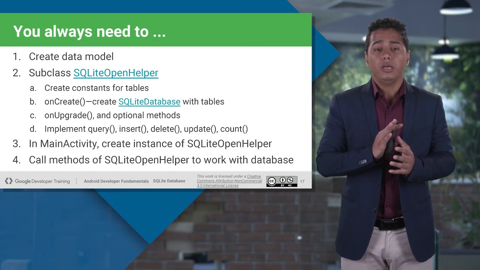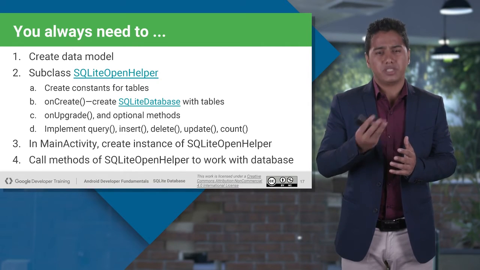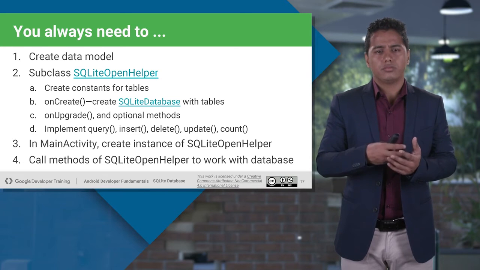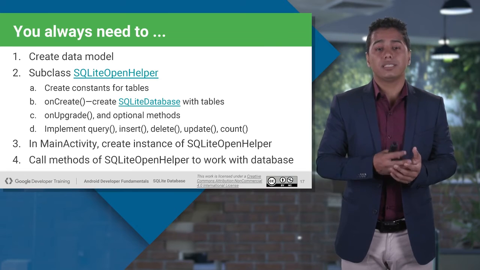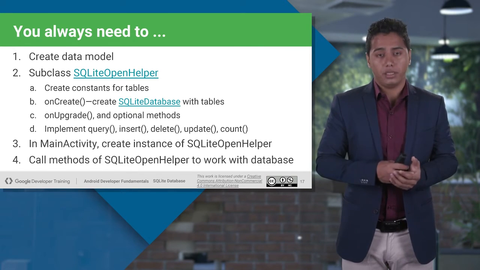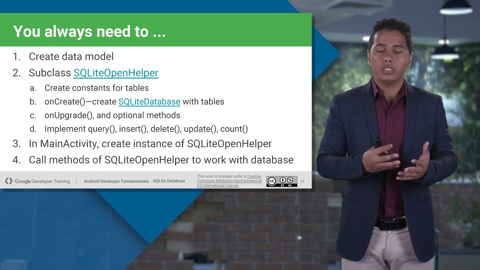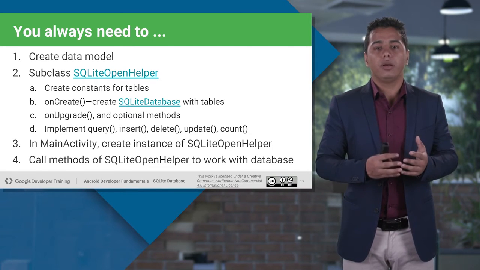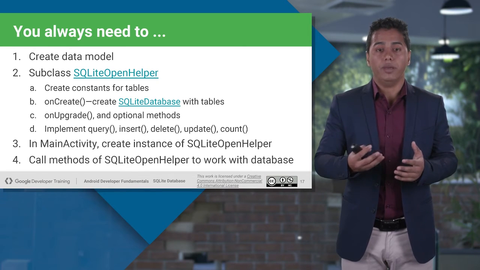Then inside that you will provide some constants for the table and database, like database name, table name, or database version, things like that, right? And because SQLiteOpenHelper is an abstract class, you have to implement two abstract methods here: onCreate and onUpgrade. onCreate is responsible for creating your tables inside your SQLite database, and onUpgrade will be responsible for upgrading your database if you make any changes.